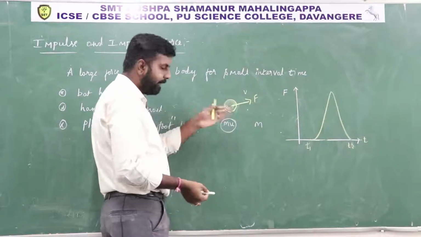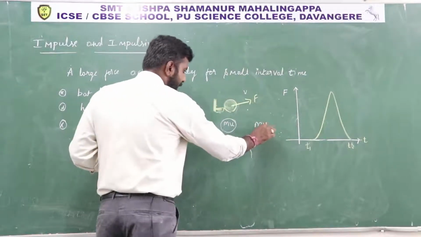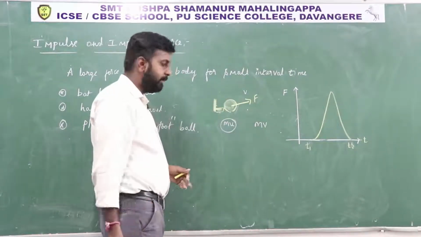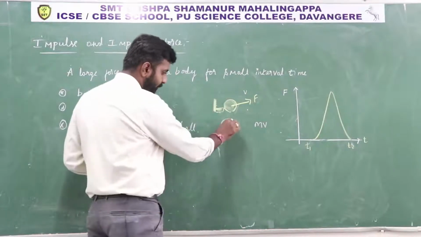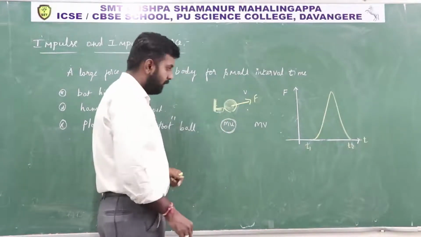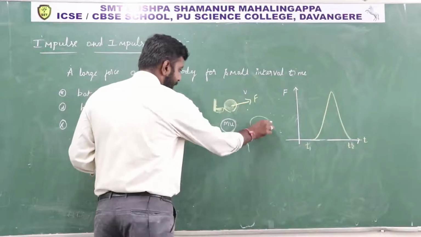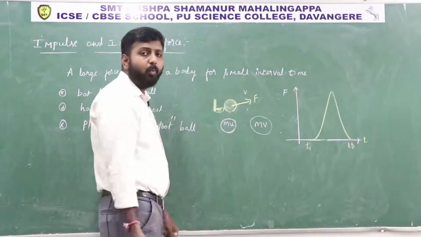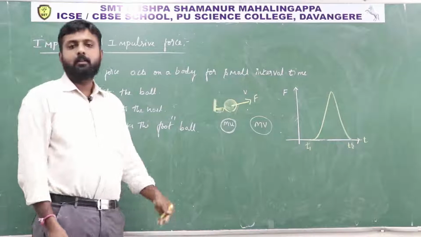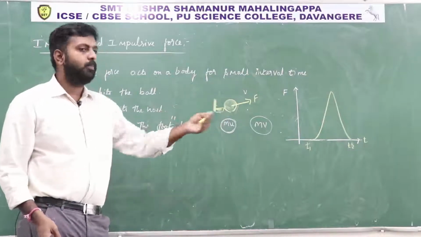Then what is its final momentum? You can say mv is the final momentum. Initial momentum is 0. It is at rest. As soon as he kicks the ball, the final momentum becomes mv. What happens here? There is a change in momentum.